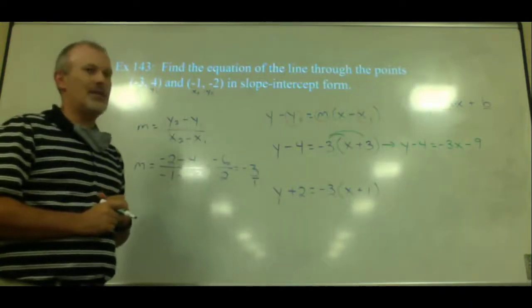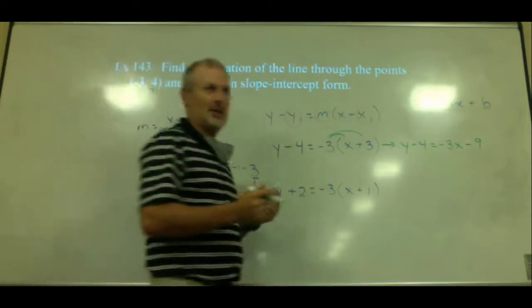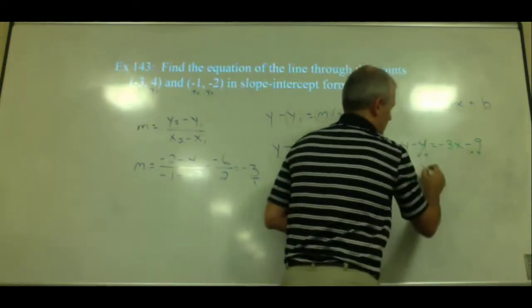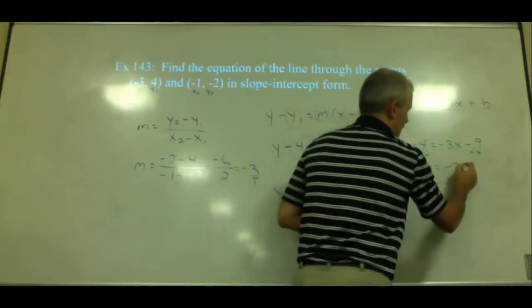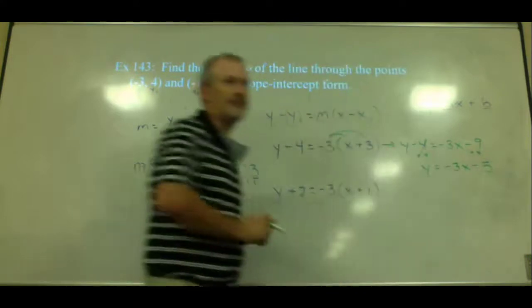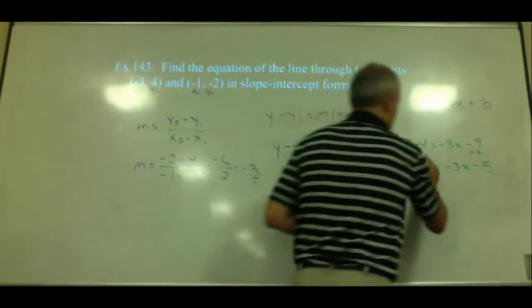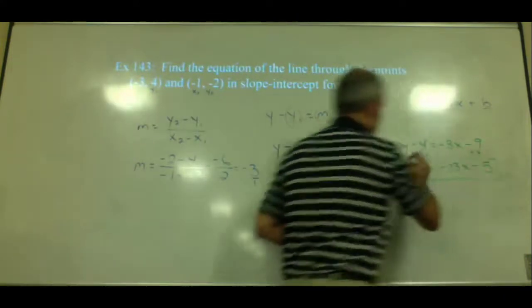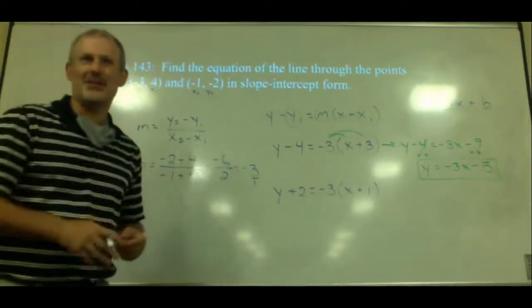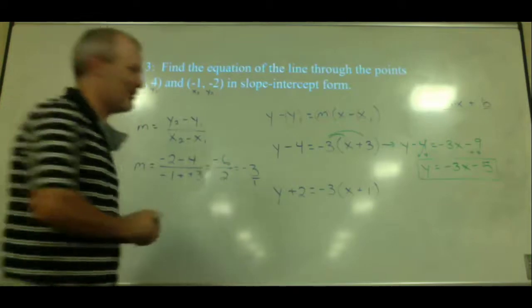And then what else did we have to do? Plus 4. So y equals -3x minus 5. So this is our answer. This second part you wouldn't even have to do. I'm just doing it so that you trust me that these are actually the same line. I'm not lying to you, I promise.